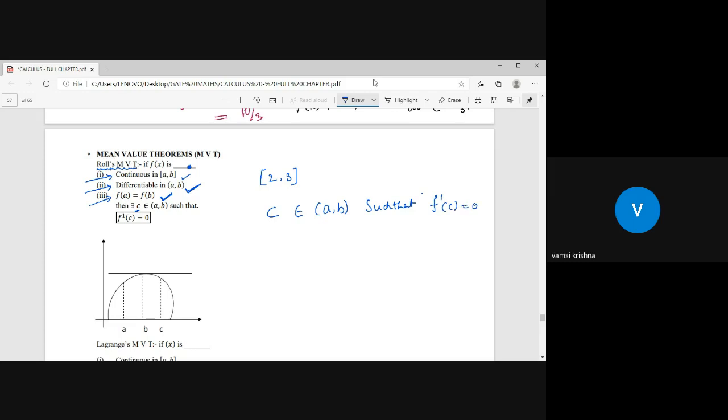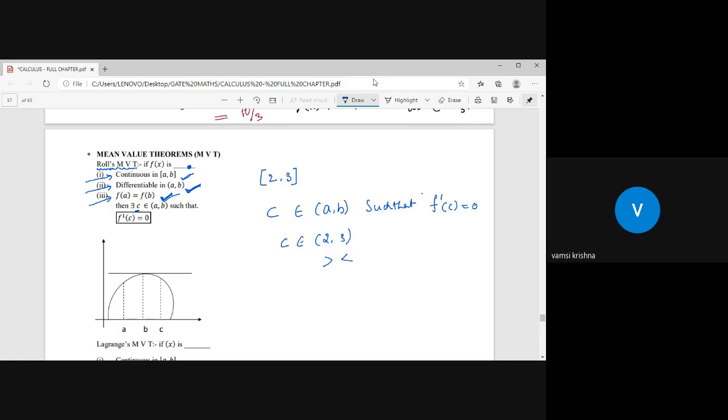So if it satisfies three conditions, f of a is equal to f of b, differentiable, continuous, then you can say that f dash of c is equal to 0 for some point that exists, and that too in the open interval. Open interval means if you say that c belongs to (2, 3), the c value must be more than 2 and less than 3.